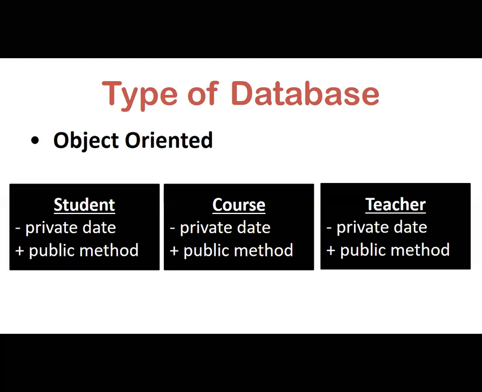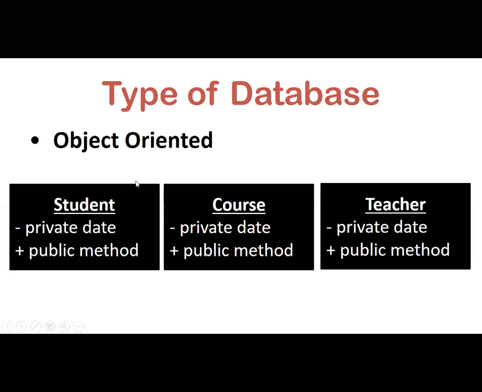Then the last one, the fourth one, we call the object oriented. Object oriented has the class name and the methods, and the attributes. So we can say a student object. They will develop the student one separately, the course one separately, the teacher one separately.